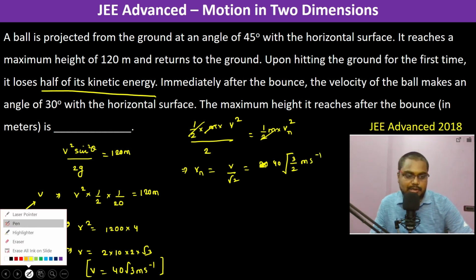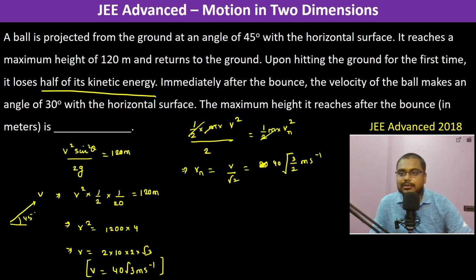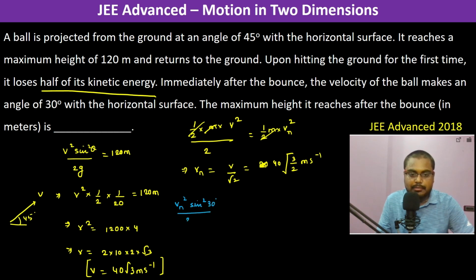Now it is written here that it makes an angle 30 degree with the horizontal surface. So therefore the new maximum height is going to be vn square sine square 30 degree divided by 2g, which is 40 into 40 into 3 divided by 2, into sine 30 is 1 by 2, 1 by 2 into 1 by 2, divided by 1 by 2 into 10.